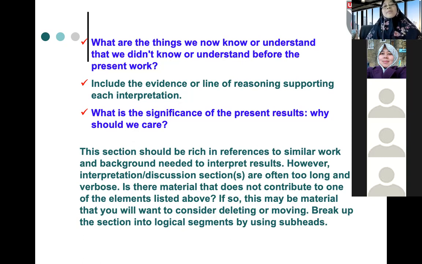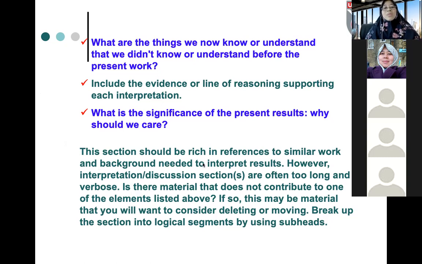Try not to be biased. If it is not supporting the supposed theory, then you should not be saying anything, but you need to sit down and talk to your supervisor. Why is this happening, and what can we do about it?